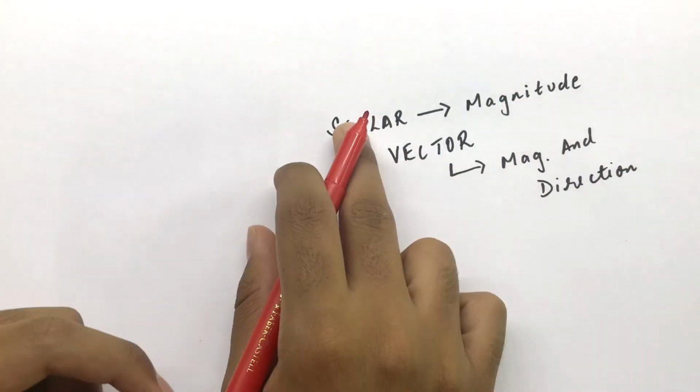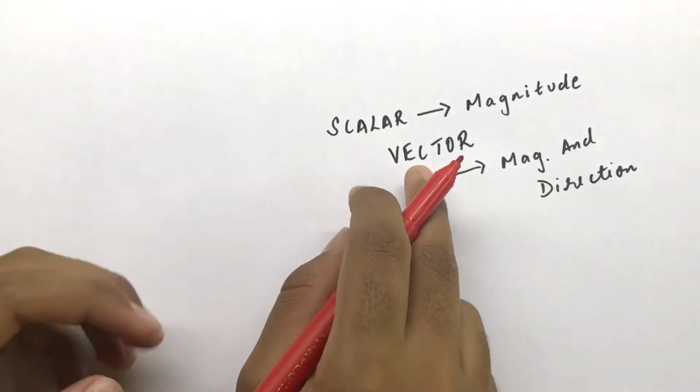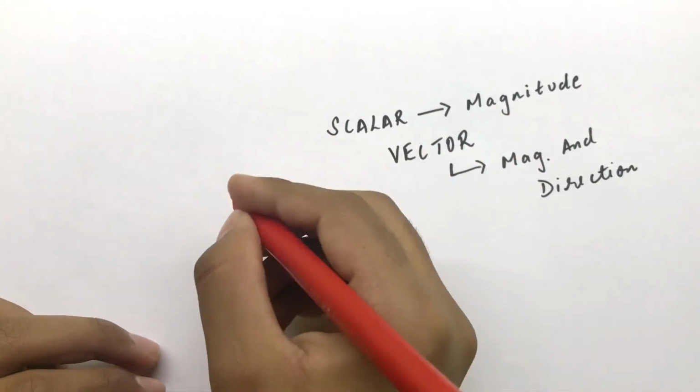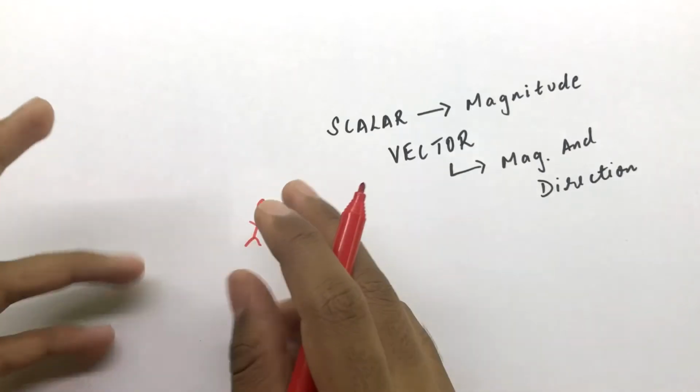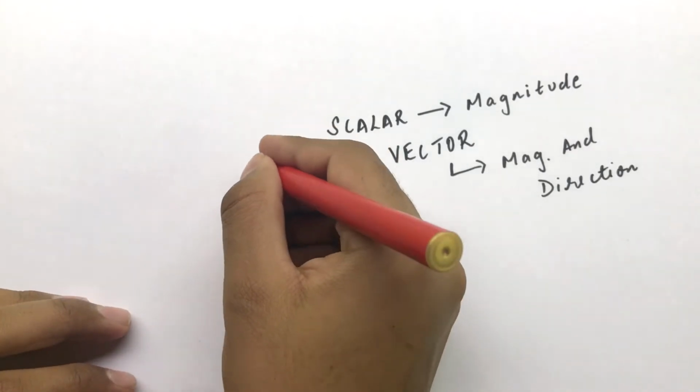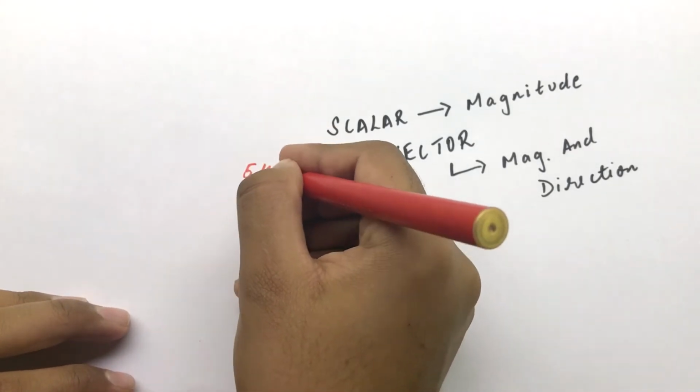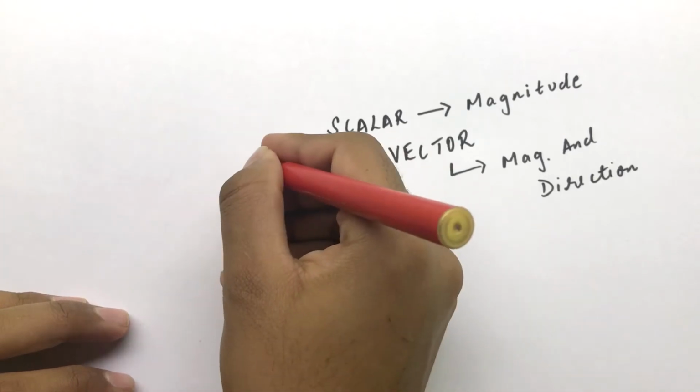I'm going to illustrate the difference between a scalar quantity and a vector quantity using an example. Let's say we have a person who's moving at 5 kilometers per hour.